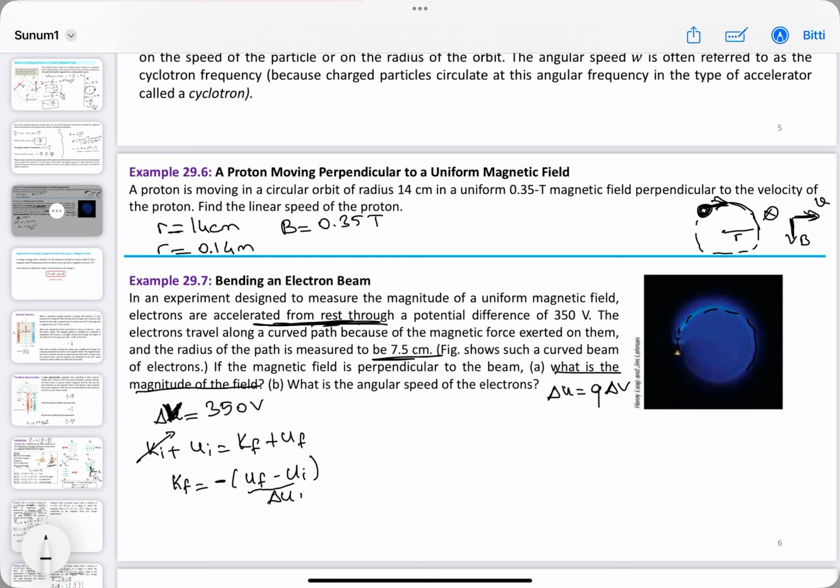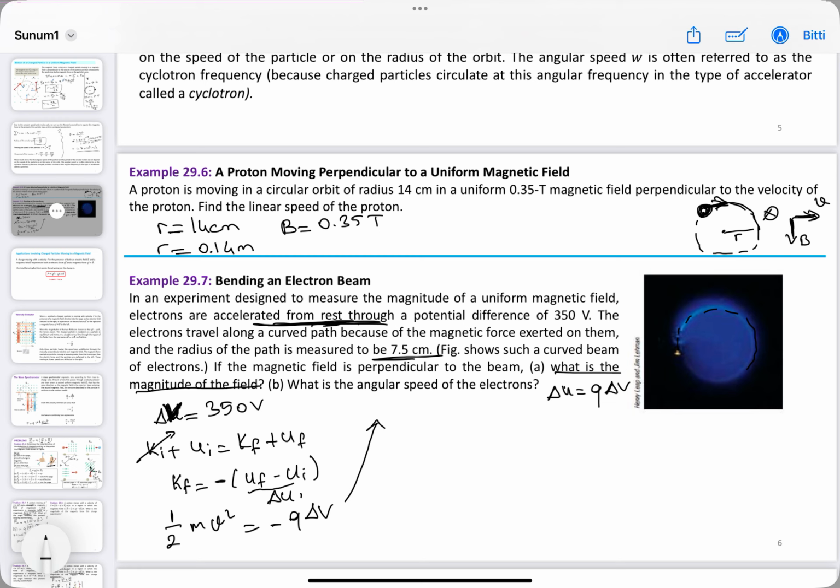Do you remember this one? I think from chapter 25. We already know this one. We just have to put that information in, and we need to open the velocity part. Minus q multiplied by delta V. I have to find velocity first.